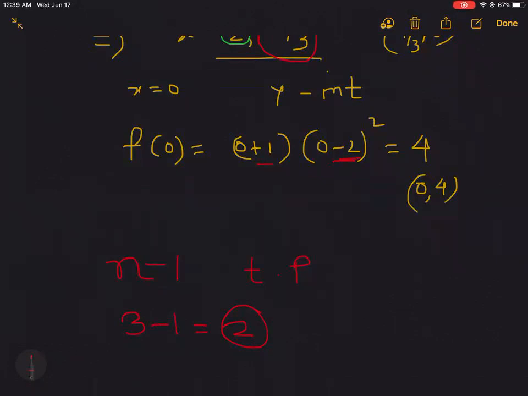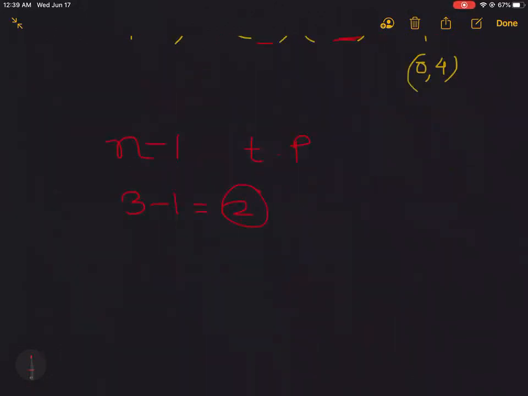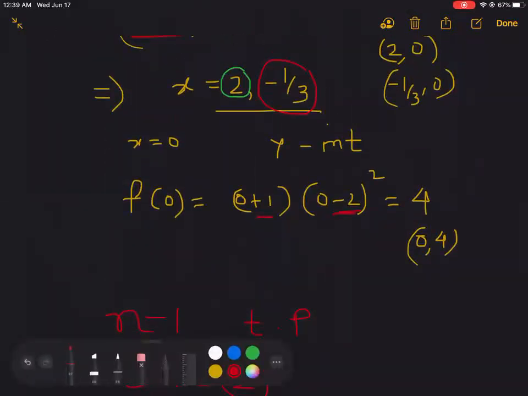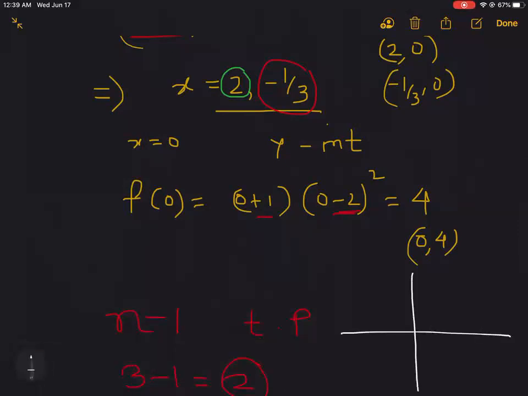First of all, let me use all the information which I have. Let me use this small area here because this will allow me to see the information and I don't need to scroll up and down every now and then. So I have x-intercepts at 2, 0. Let's say that's my 2. And I have another x-intercept at negative 1/3.